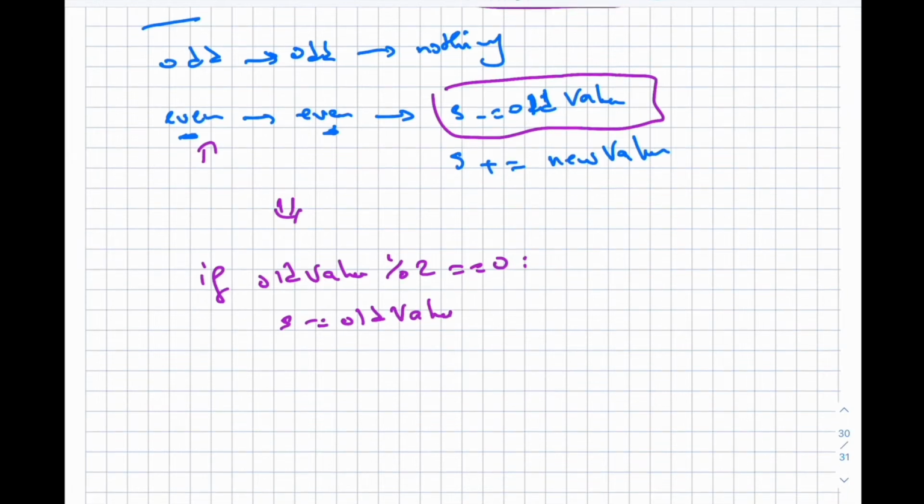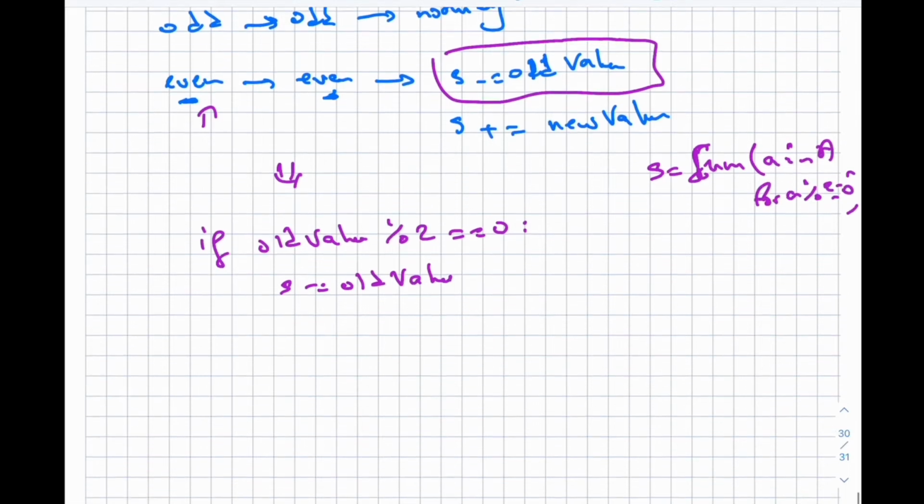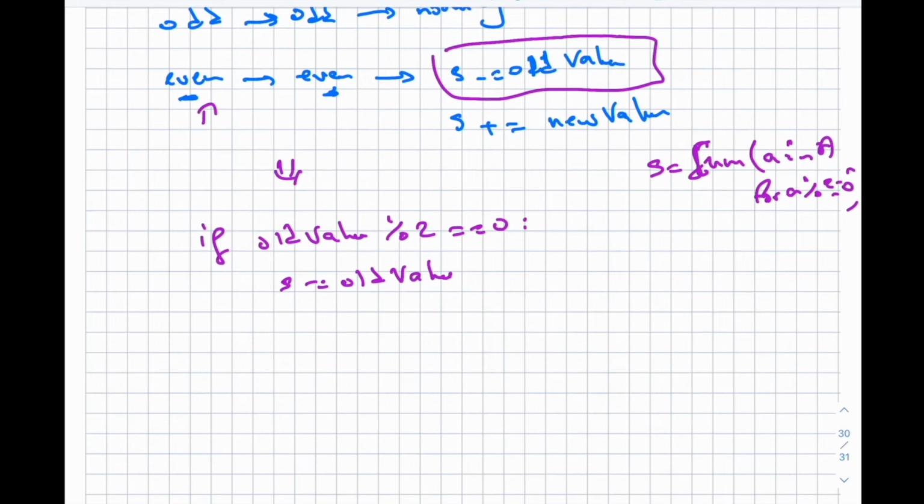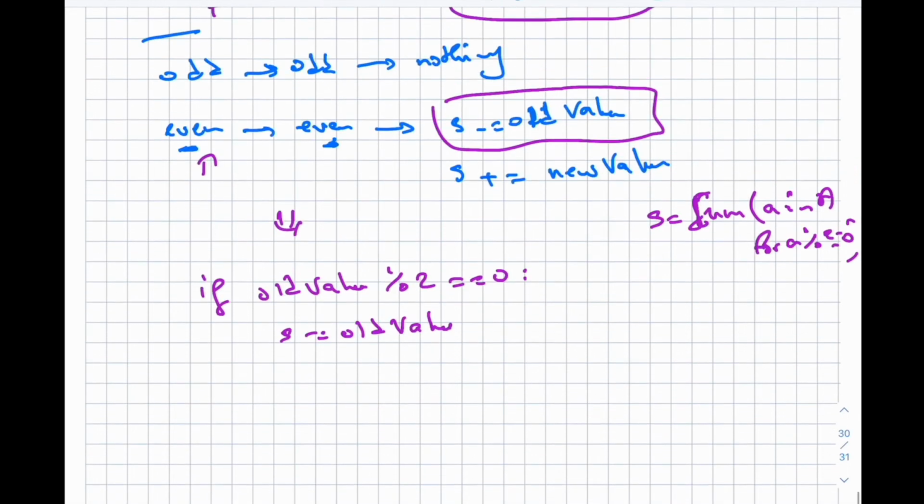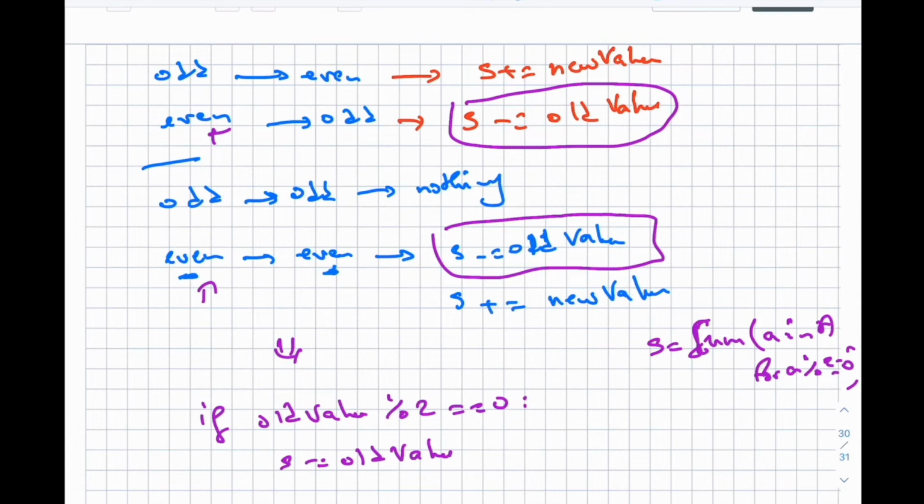right? And s, by the way, initially is the sum of all a in the array for a even, right? That's the initial value of s. Initially, we just grab the sum of all the even elements. Now, when the result after applying the query is even, we add the value.